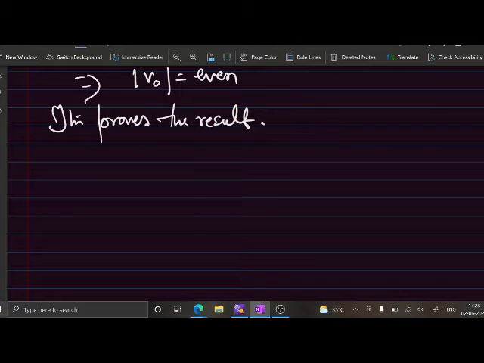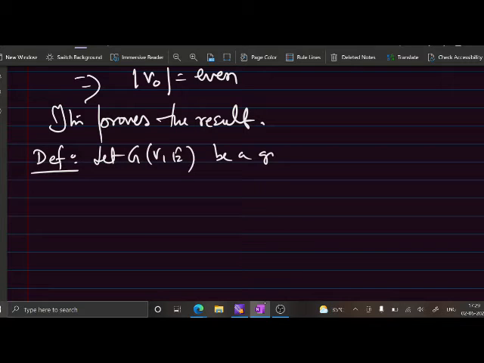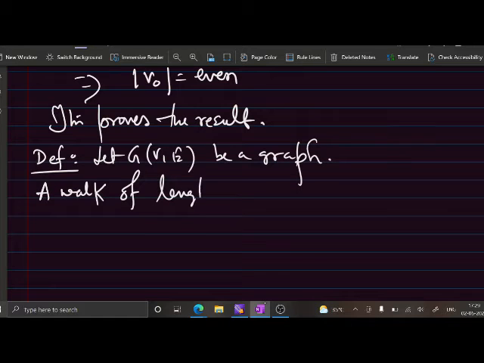Suppose G(V, E) is a graph. So what do they mean? A walk of length k. You are defining the first concept in this regard, which is a walk of length k. What is that?